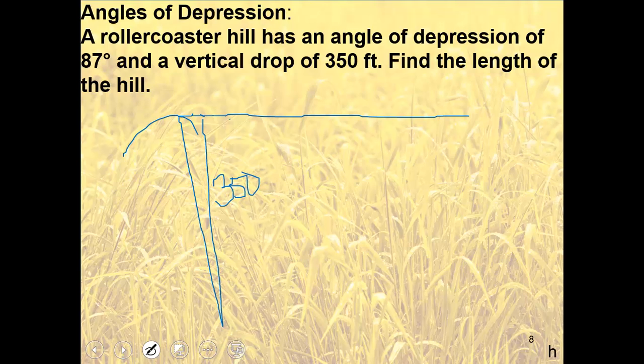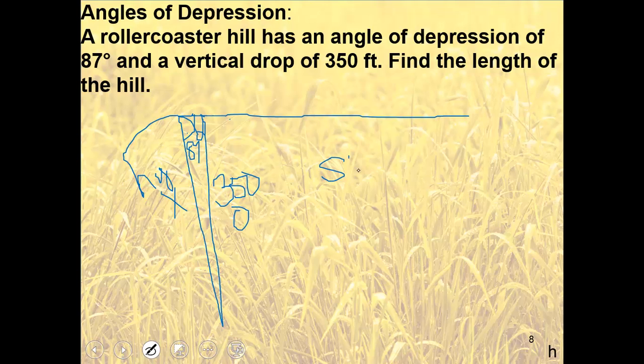I'm looking for this over here, and this angle is 87 degrees. So I have what? My hypotenuse, and this is my side opposite.